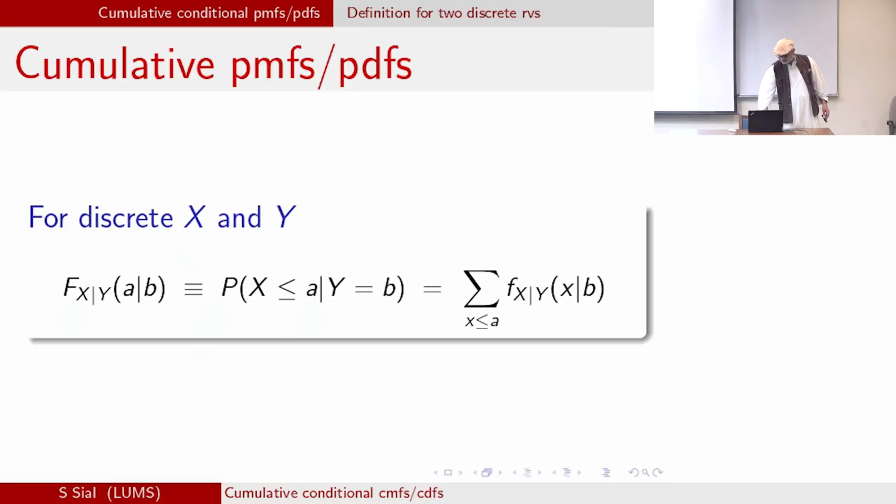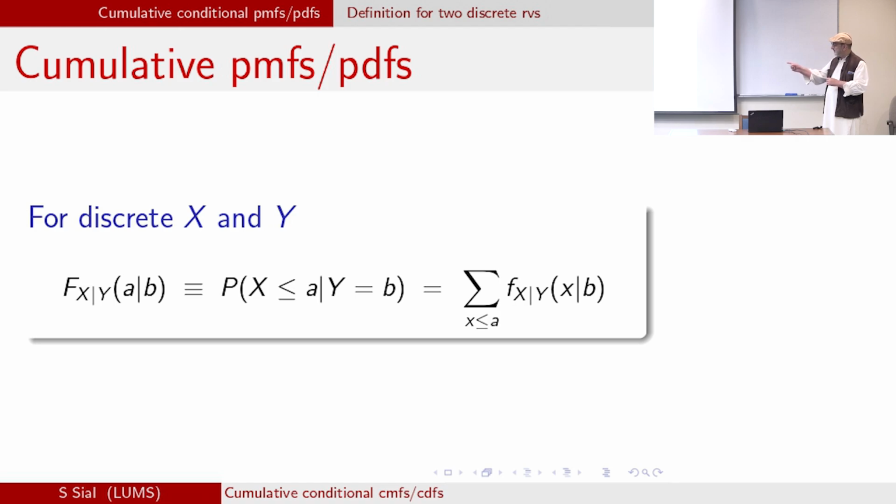Okay, so we start with the definition of a cumulative PMF. So you have discrete random variables x and y, and before, if you wrote small f of x given y, that would have meant the conditional PMF.